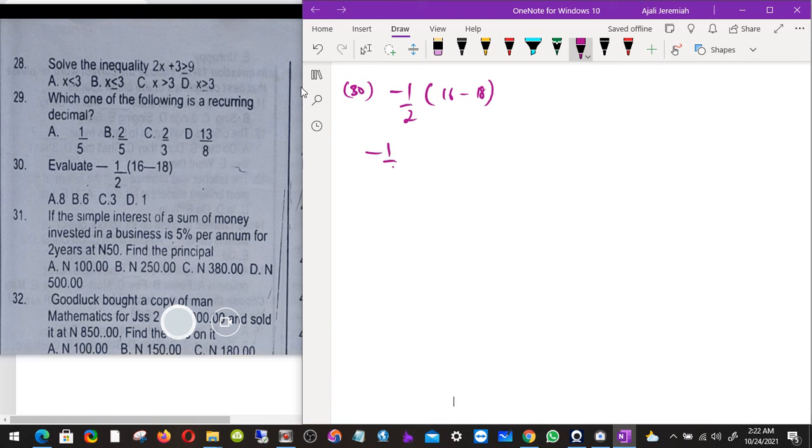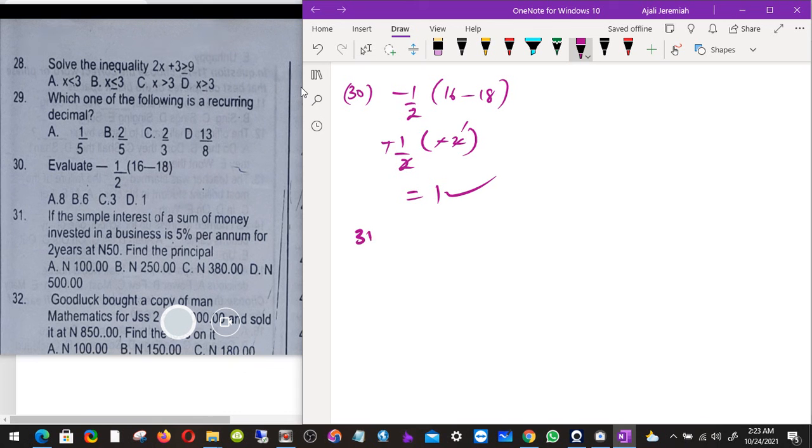So that's minus 1 over 2 times (16 minus 18). 16 minus 18 is minus 2. So minus times minus 2 is plus 2 here. Minus times minus is plus. 1 over 2 times 2 is 1.